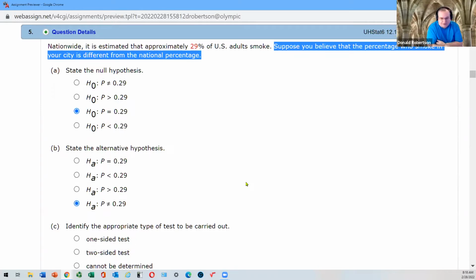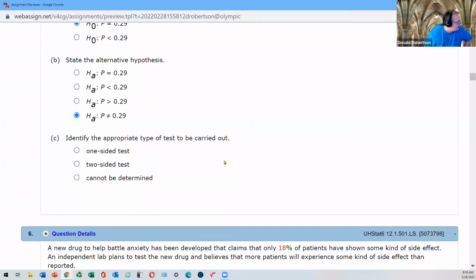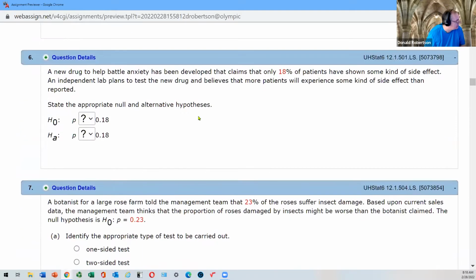So there are different ways of saying it, even although they mean the same thing. And since this is a not equals to, can't we pick that one? It's two-sided. If we thought it had decreased, then would it become one-sided? I wish they gave you the option of left and right-sided, but one-sided is what it is.